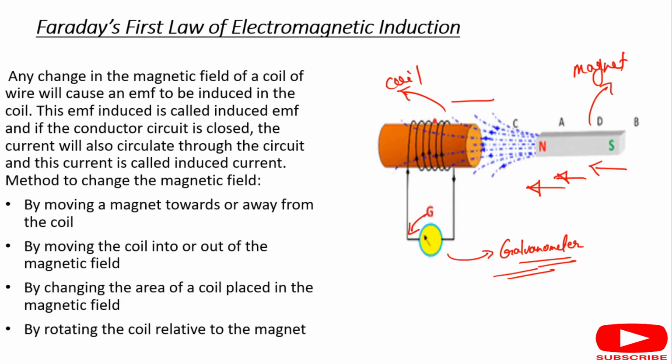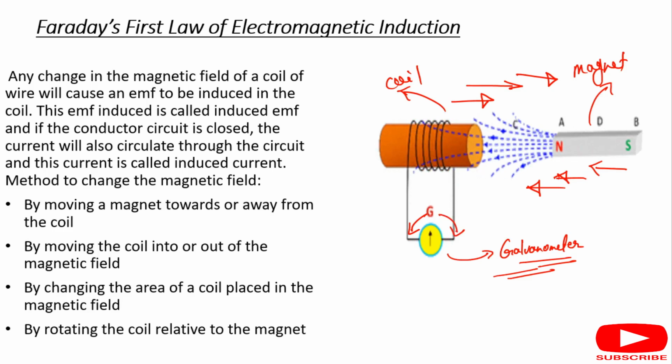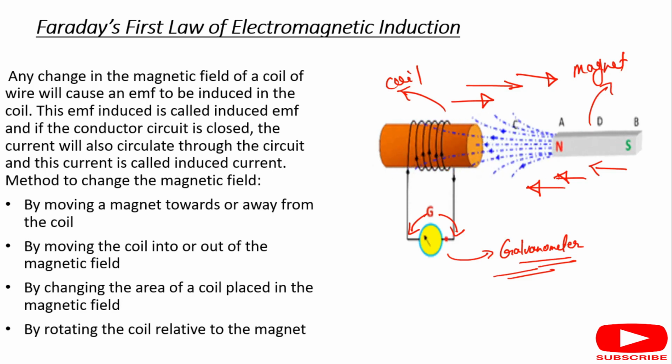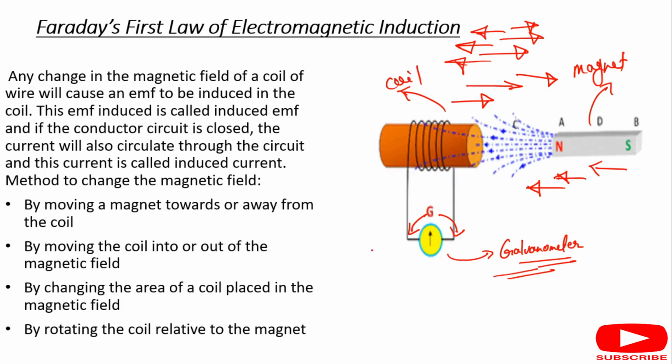In a similar manner, when the magnet is moved away from the coil, the needle of the galvanometer moves in the other direction, meaning the opposite direction. So what he observed in this experiment is that the faster the change in the magnetic field, the greater will be the induced EMF or voltage in the coil.